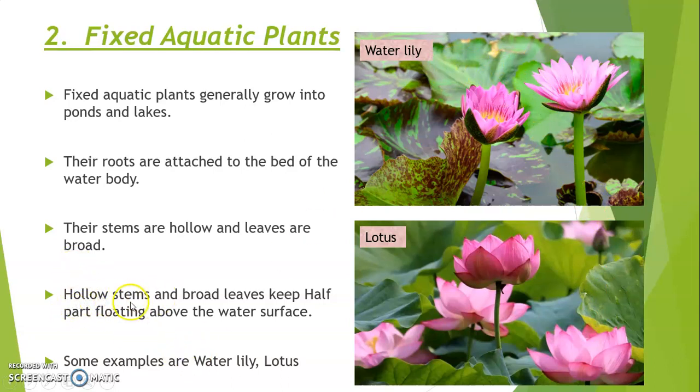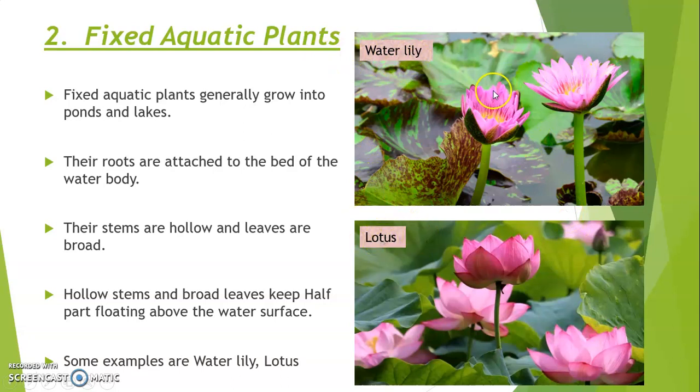Hollow stems and broad leaves keep half of the plant floating above the water surface. Some examples are water lily and lotus. So this is water lily and lotus. You can make out the difference between water lily and lotus.